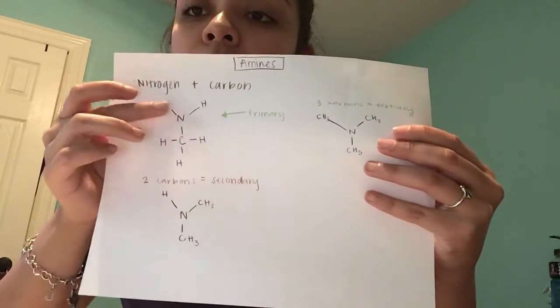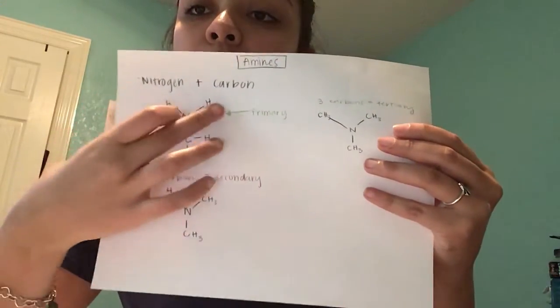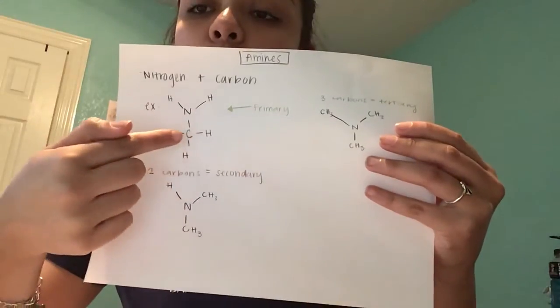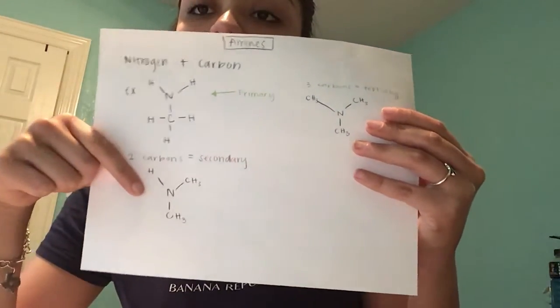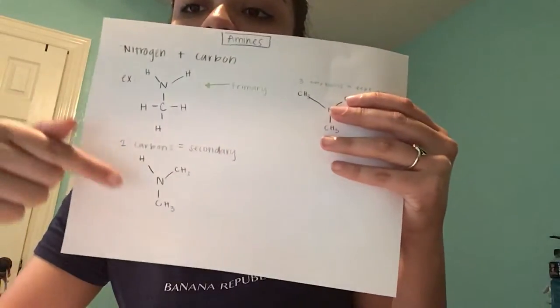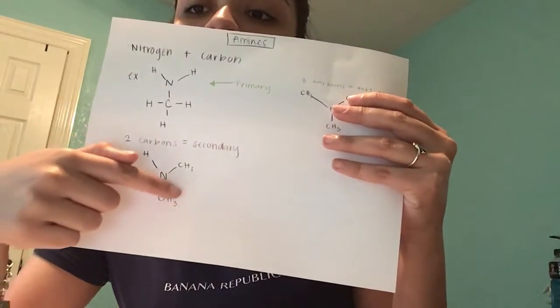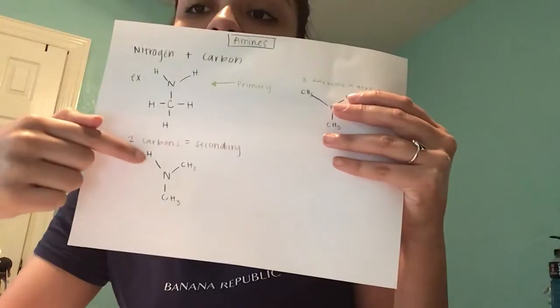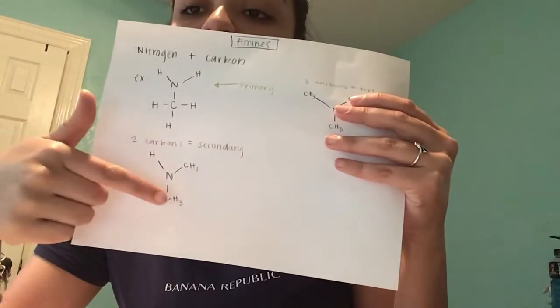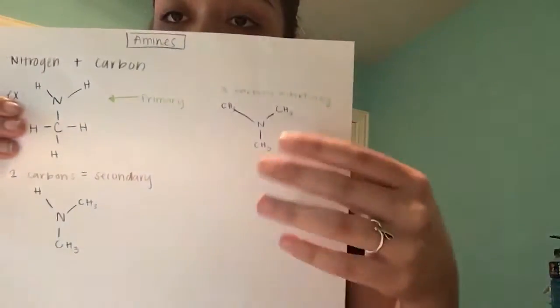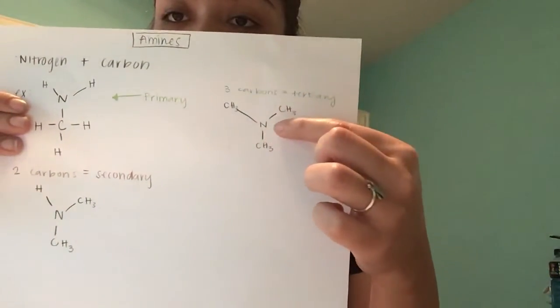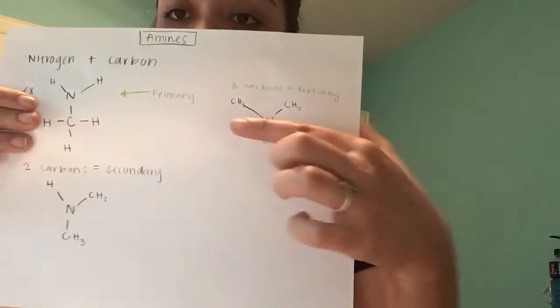We have the nitrogen, two hydrogens connected to one carbon with 3 hydrogens. In secondary amines, we find our nitrogen connected to 2 carbon hydrogens. And in our tertiary, we find nitrogen connected to 3 carbon hydrogens.